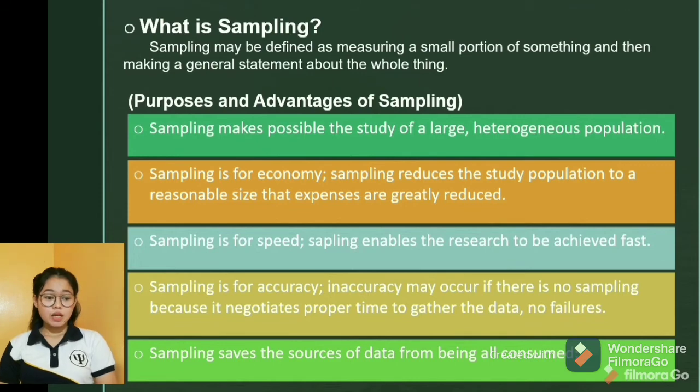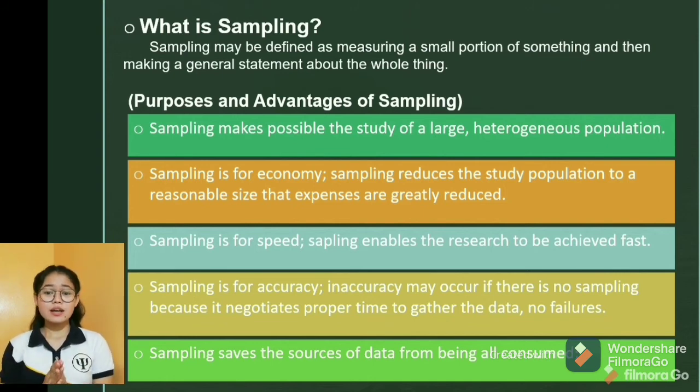Fifth, sampling saves the sources of data from being all consumed. Without sampling, there could be a possibility that all the data could be exposed directly. Not until you use sampling would your data and sources be minimal. You have to save your information for your conclusions and for the other parts of your research. There is a tendency that without sampling, you could simply pour out information that doesn't need to be in it.